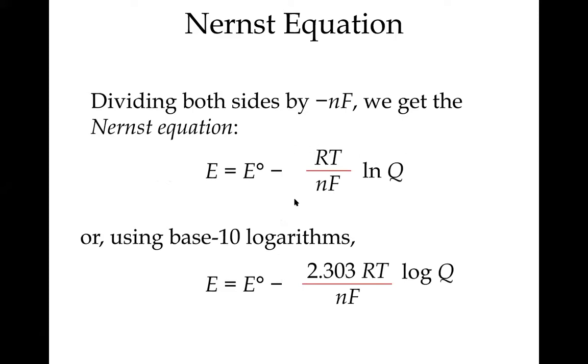And so, again, we're going to go from natural log to a log. And so now that's going to be the same thing, 2.303 times the gas constant times temperature. And these are going to be standard, right? So it's going to be 298.15 over NF, okay?